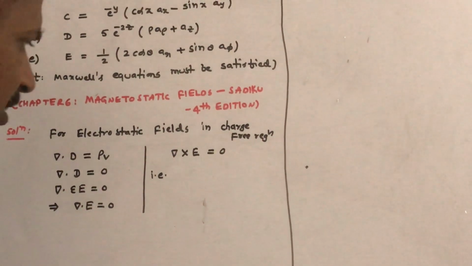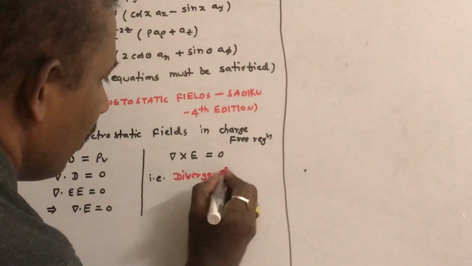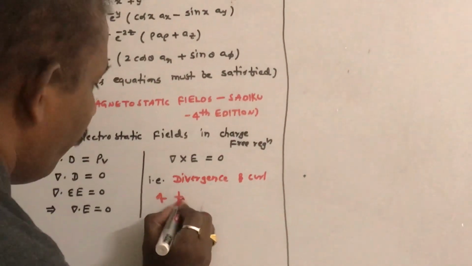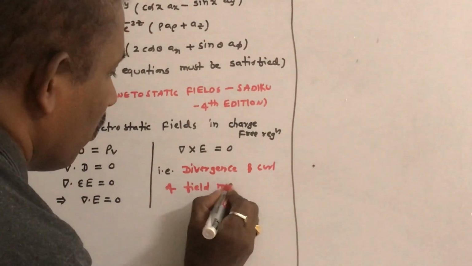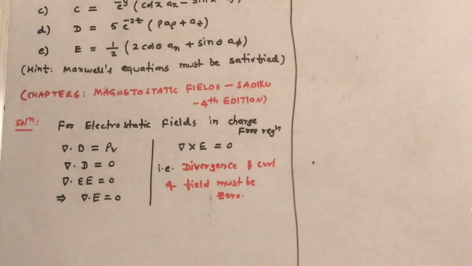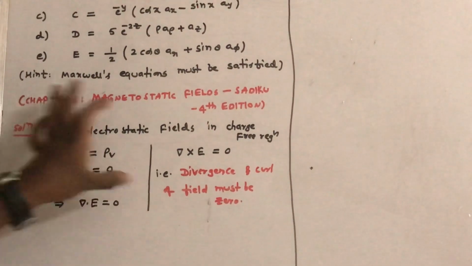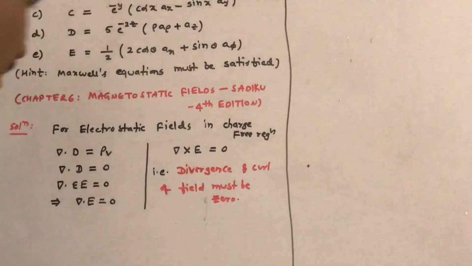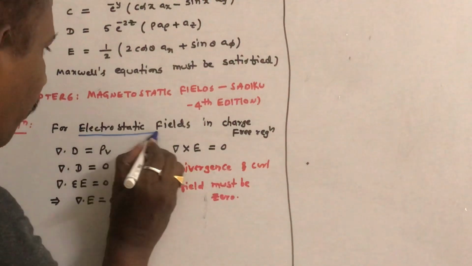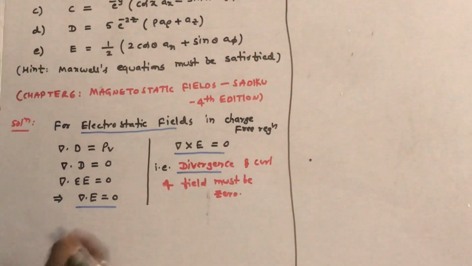The divergence and curl of the field must be 0. That is what we have to prove. If divergence and curl both are 0, then we can declare that field as an electrostatic field in charge-free region.